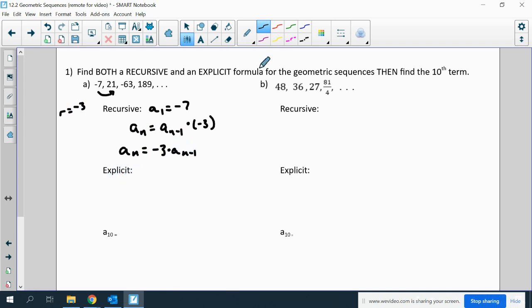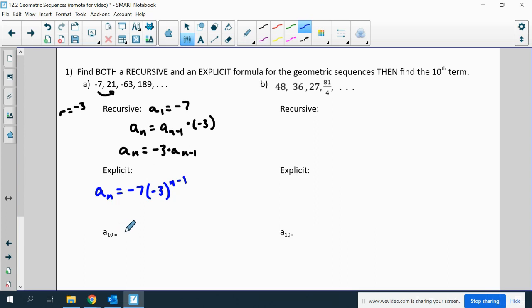If I wanted to define this explicitly, I would say a sub n is equal to -7, which is my first term, times the common ratio, which is -3, to the n minus 1. So this is defining it all in one shot.